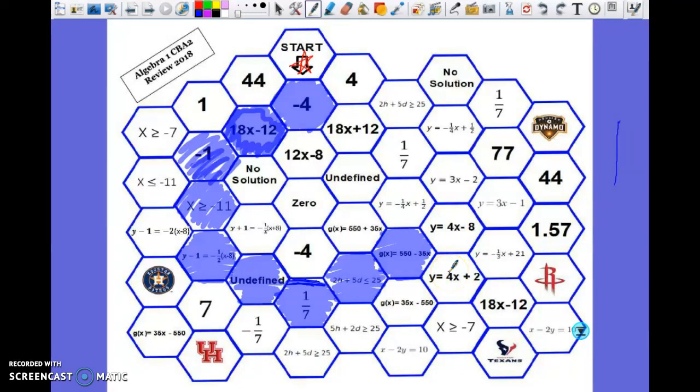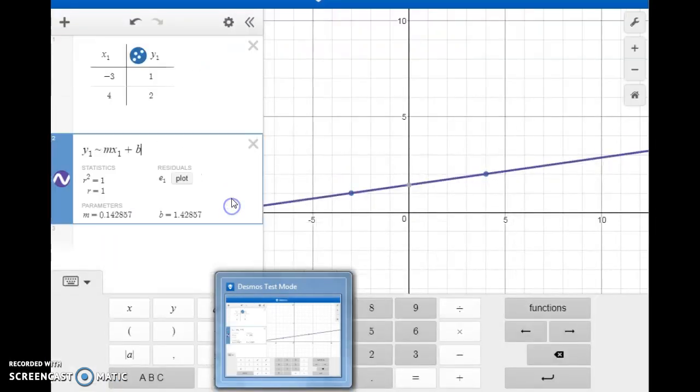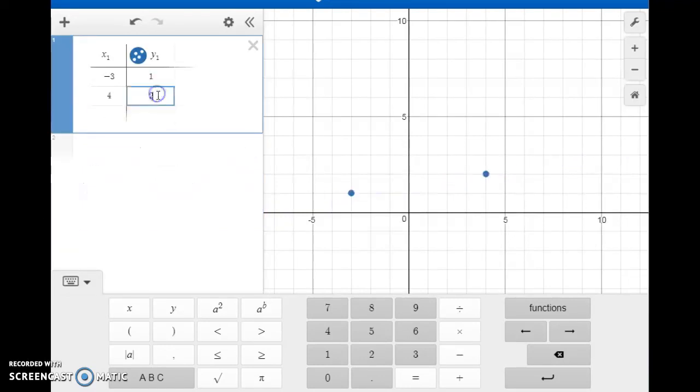Okay, so what we can do is I know it has to go through the point 2, 0, so let's plot it. Let's see what it looks like. So, I'm just going to go on ahead and take these points out and put the point 2, 0. Alright, you can see it right here.